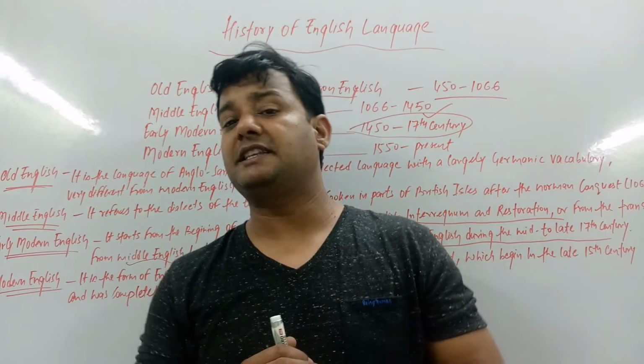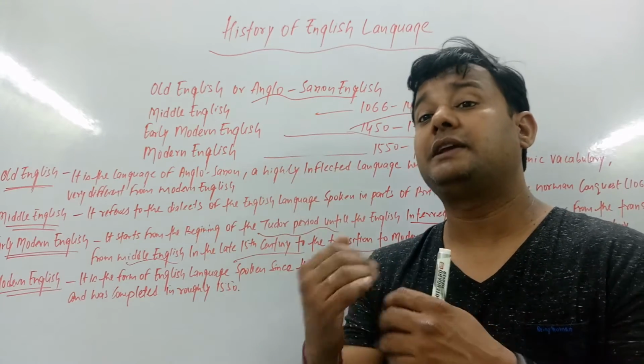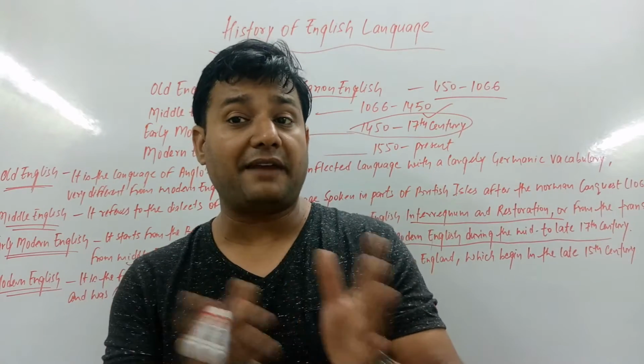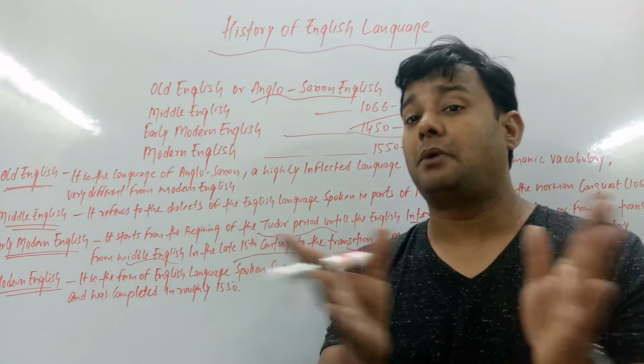Lots of changes take place in this period, that's true. In grammar especially, from the borrowings we get lots of knowledge, the new forms of the language coming up, such as, for example, Indian English is a form of Modern English.